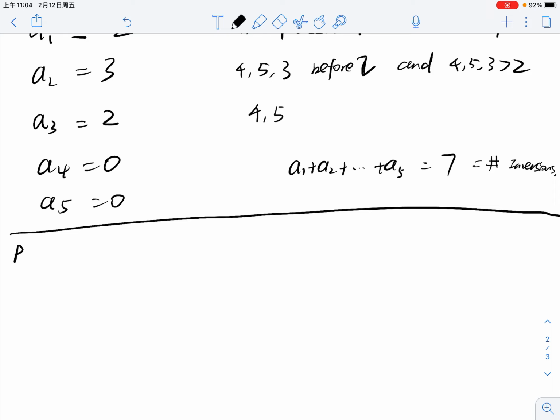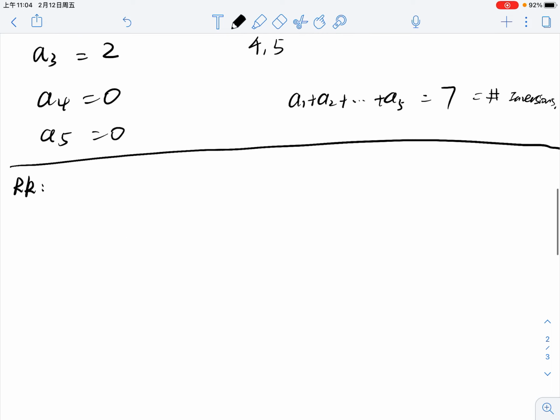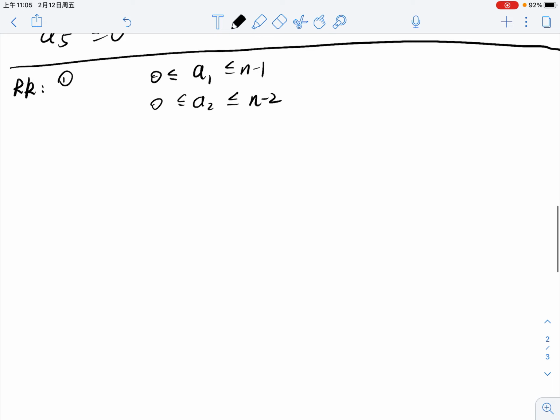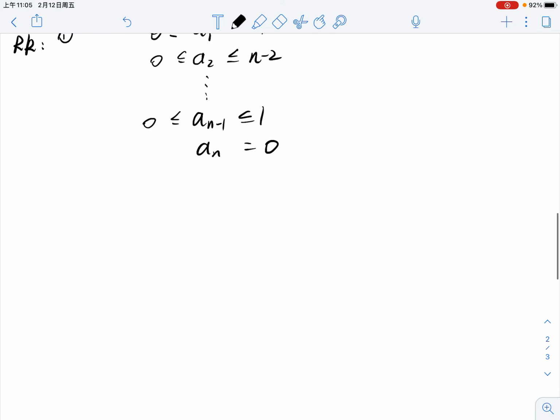Okay, and then we make 2 remarks. First, it's easy to check that A1 is an integer between 0 and n minus 1, and A2 is an integer between 0 and n minus 2. And for A n minus 1, it's between 0 and 1. The last one, An, is always 0.